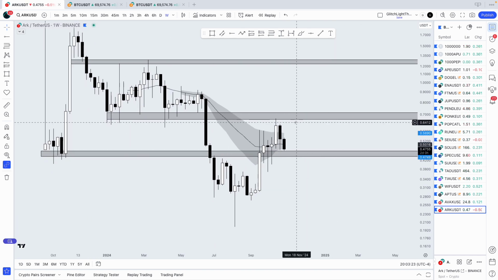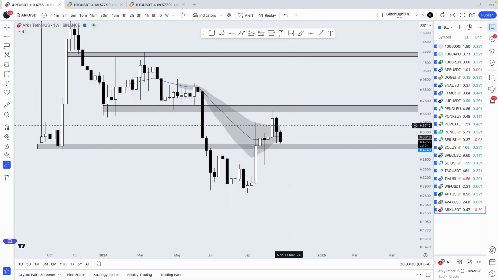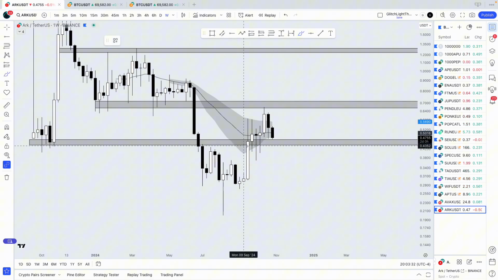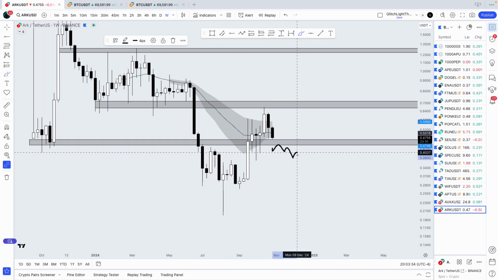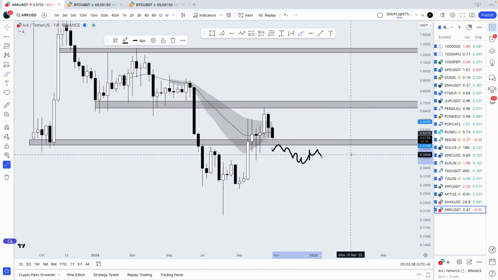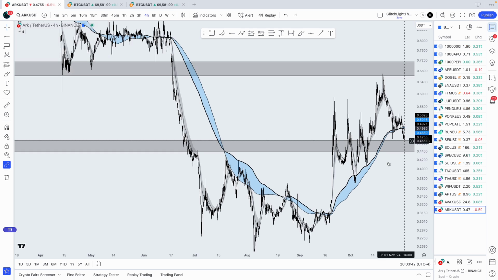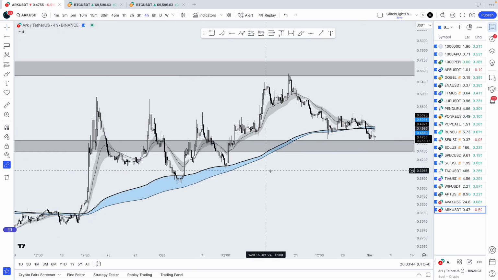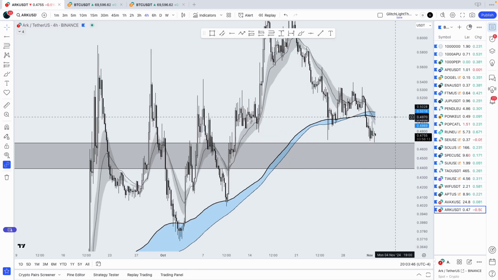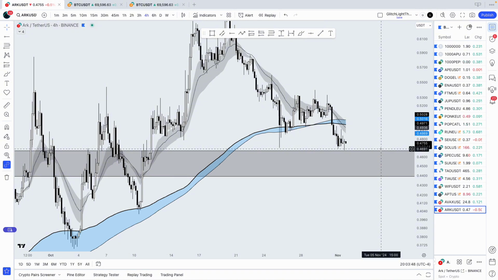If this holds, you probably get a push back up into this 70-cent area and then probably above there, to be honest. If this starts to bleed out below this level, you're probably slow bleeding lower, just chopping around. Now, trend-wise, 4 hour 200s would have been nice to see hold, which has broken down. Maybe it's just to take out this liquidity below this low.